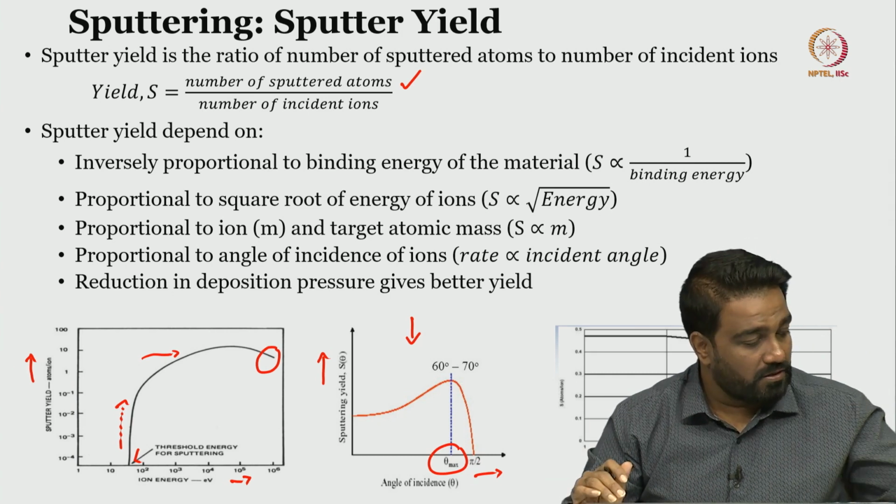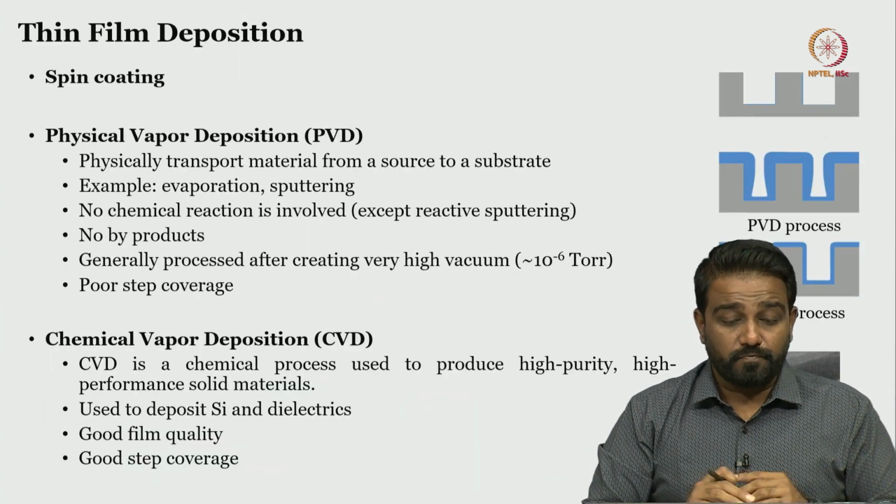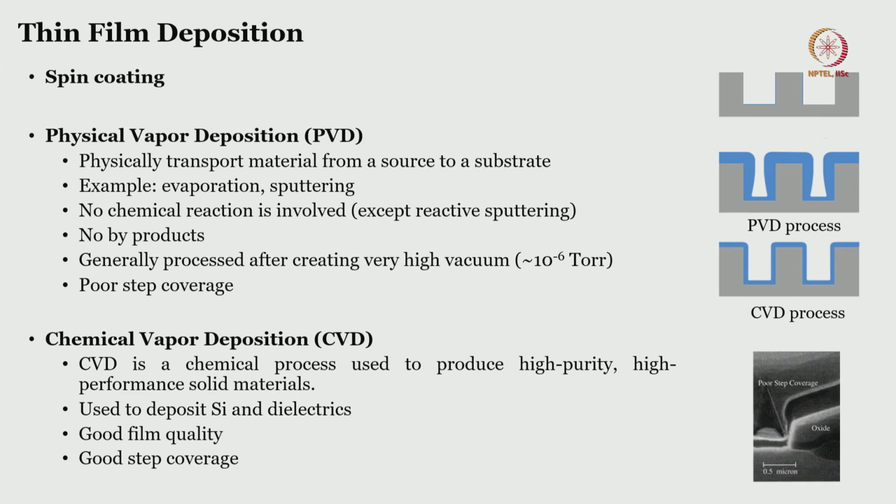Now, let us go to the next slide. As we know, thin film deposition can be spin coating. Spin coating we will talk about as a part of the photolithography section. In PVD, what we have seen is physical transport of material from source to substrate, either by e-beam, by sputtering, or by thermal evaporation. Examples are evaporation and sputtering.